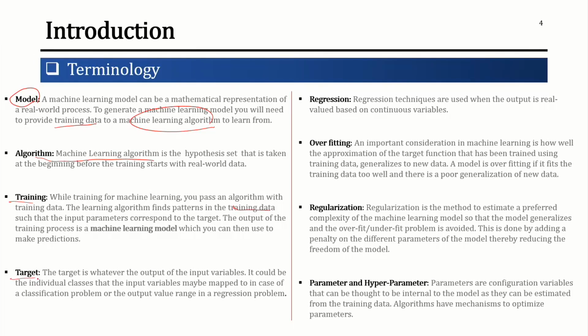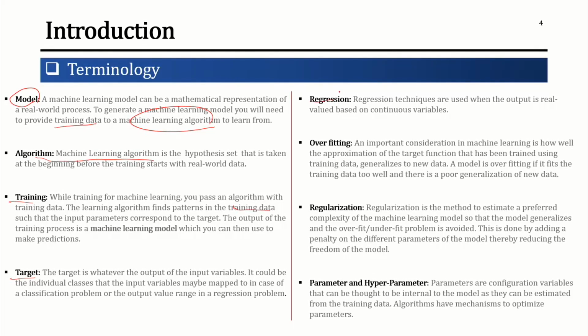When we say target, it is whatever the output of the input variables is. For example, in text classification, you have input text and you need to classify whether it is an article on sports, politics or technology. It is the way you define the target of this input.